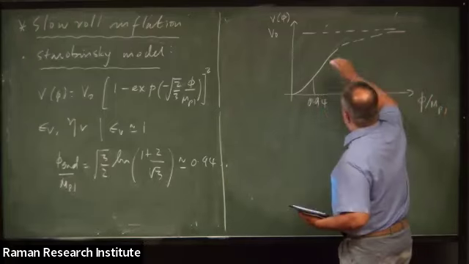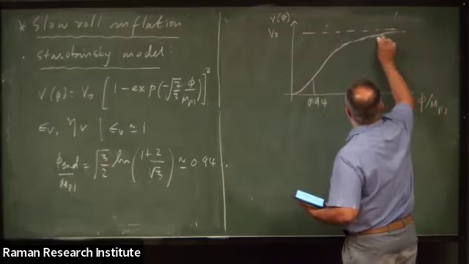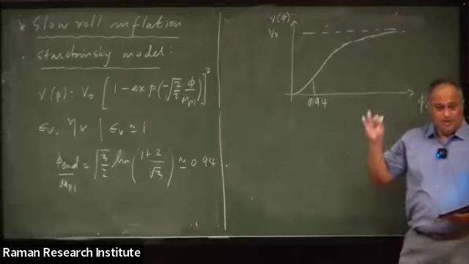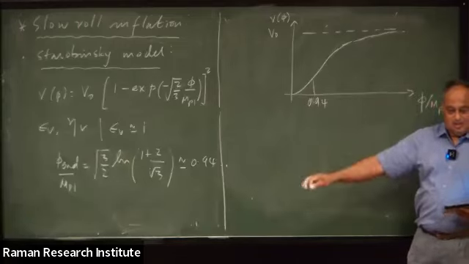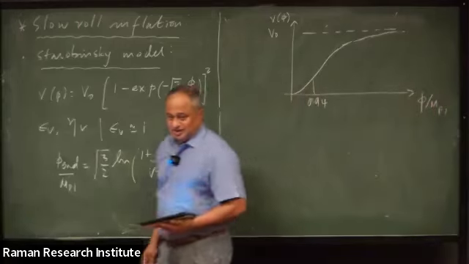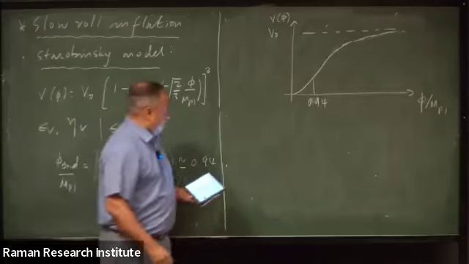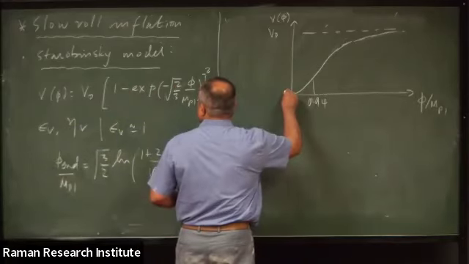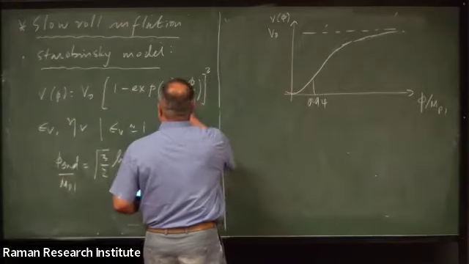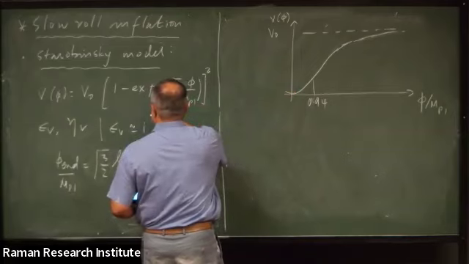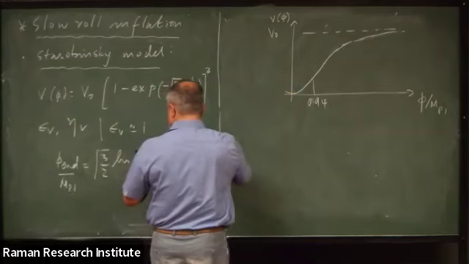So it slowly rolls down. This part of the potential, it always slowly rolls down, and as it comes towards the bottom of the potential, it ends. And you may ask what happens when it is minus phi? What happens to this?